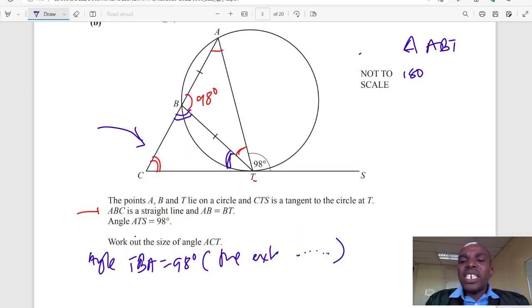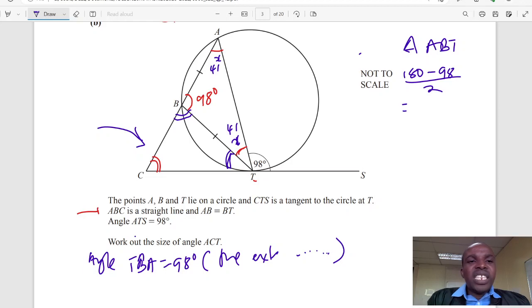So you can say 180 minus 98, divided by 2. Since this angle and this angle are the same, I can call them x. Why? Because it's an isosceles triangle ABT, those two sides are the same. Therefore, base angles of an isosceles triangle are equal. So 180 minus 98, what do we get? 82 divided by 2, 41. So these two angles, this one is 41 and this one is 41 degrees.